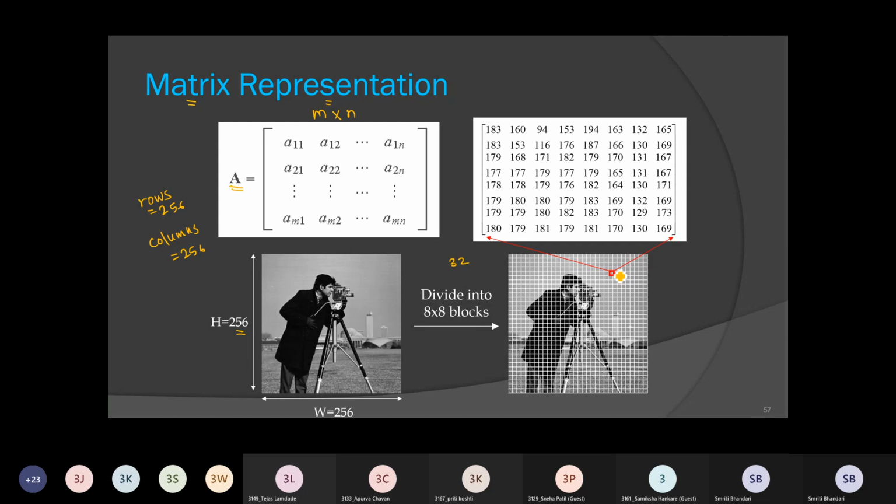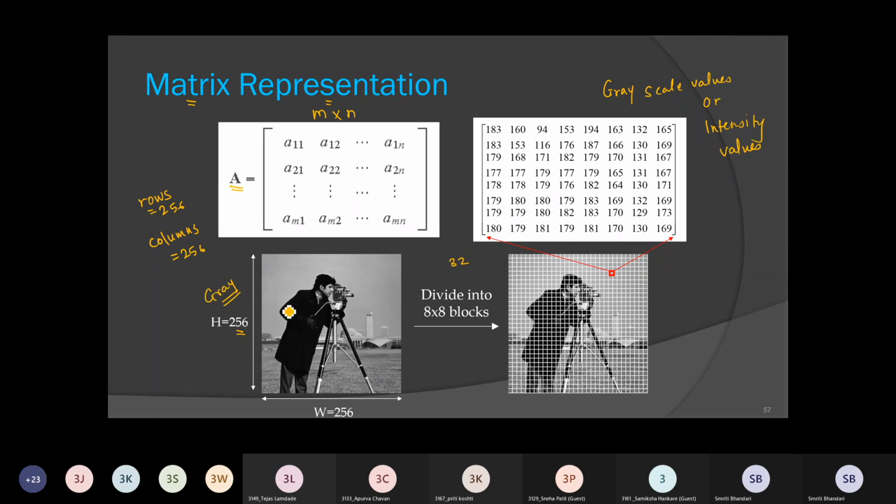So what does this 8 by 8 block contain? It contains such kinds of values. Look at these values. These values are the grayscale values, or in other words, the intensity values.